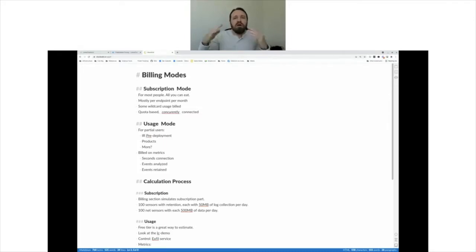So if you have 100 endpoints, but only 50 of them are online at a time because they're in different spots on the globe, then you could set your quota to 50 and you're probably going to be okay. If you're not, a specific event gets generated and an error as well that you'll see. The extra endpoints will be turned away, and that allows you to either increase the quota or reduce it. We have APIs for that.